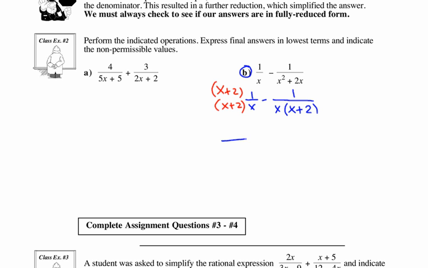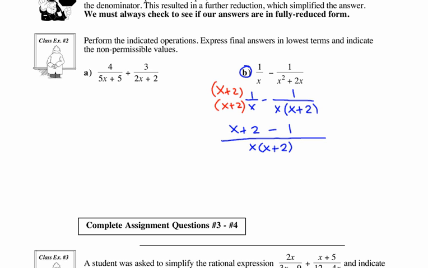So can we go straight to writing this all over x times x plus 2? Yes, ma'am. So the numerator becomes 1 times x plus 2. We could just write x plus 2 and minus just 1.